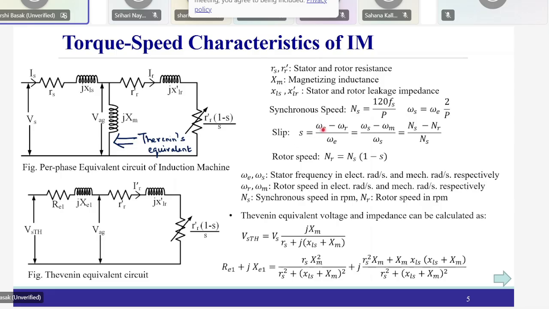So that slip speed is given by omega e minus omega r, or it is the difference between the synchronous speed and the rotor speed, either in radians per second, or in ns minus nr, that is in synchronous speed in rpm, right? So this has also been mentioned here.